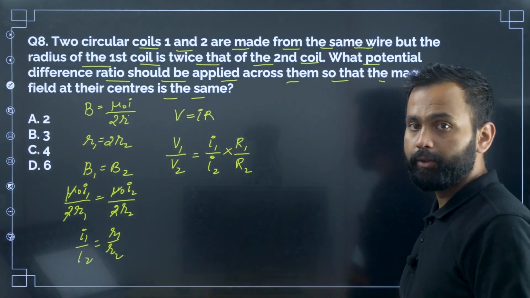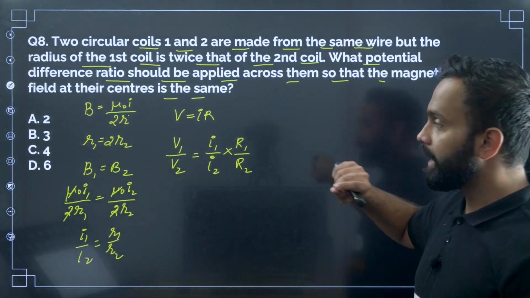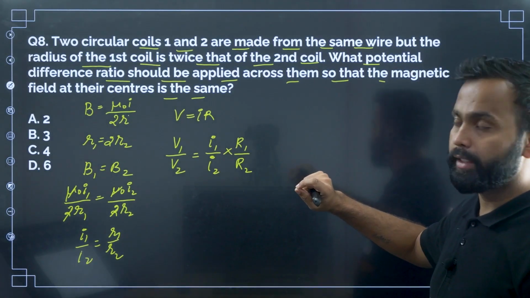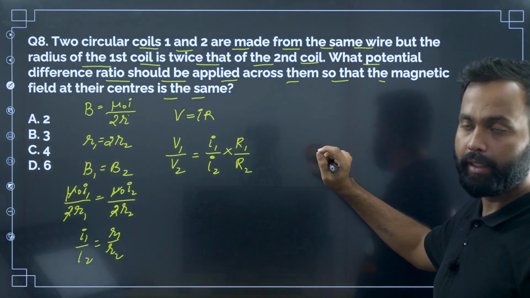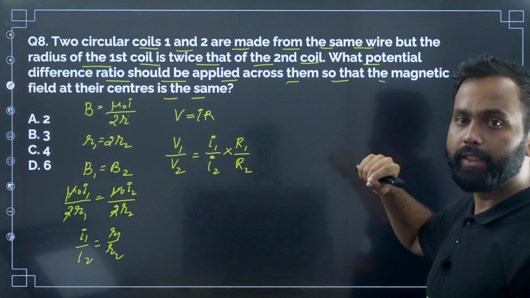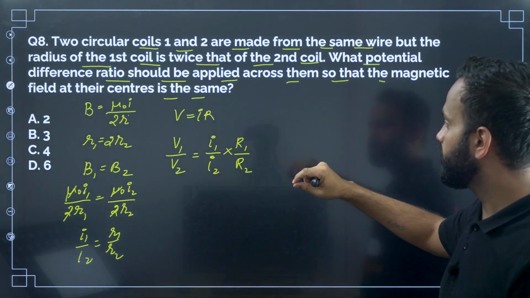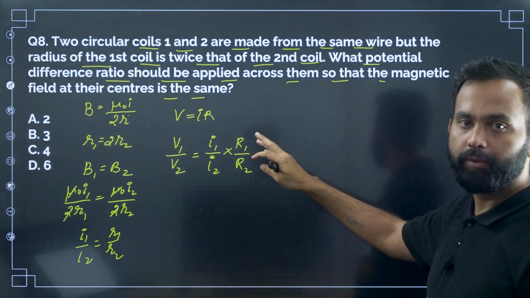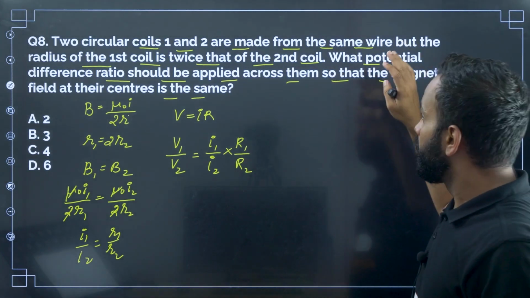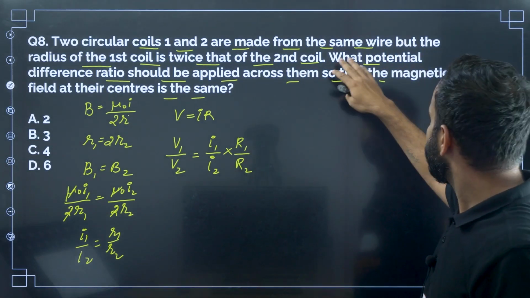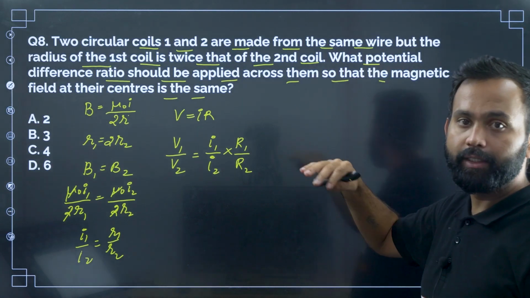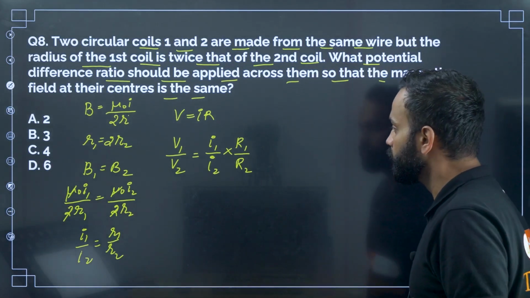Why is it R1 by R2? Because the length of the coil is different. The radius of the first coil and the second coil is different, so the length is different, isn't it? Therefore the resistance will also be different. Even though the two coils are made of the same material, their radius is different, so the resistance is also different.